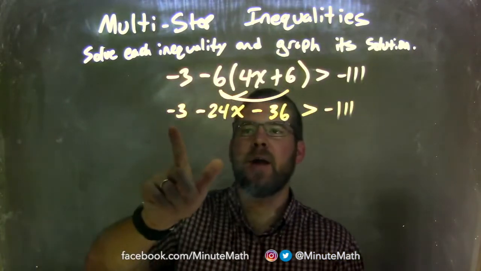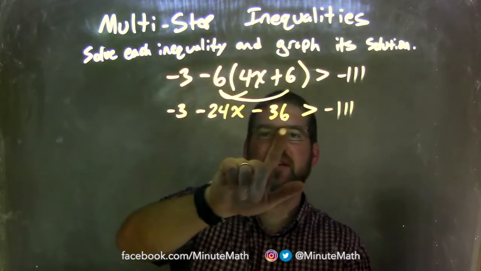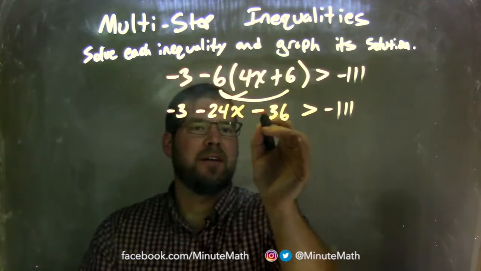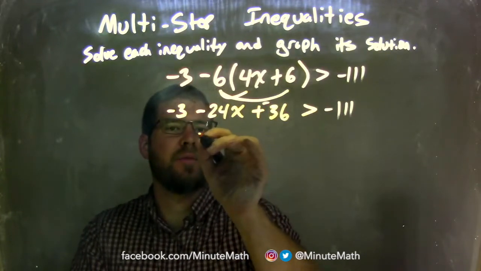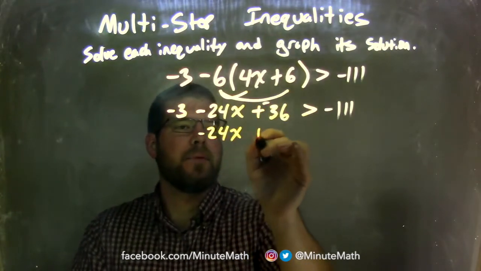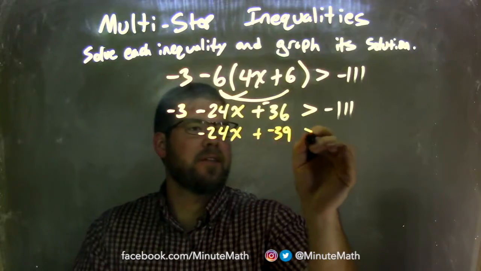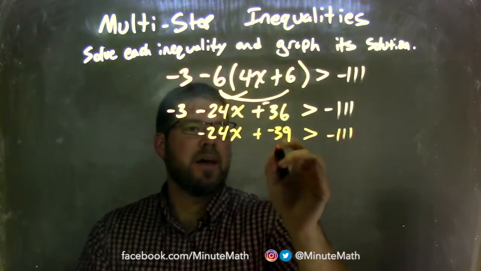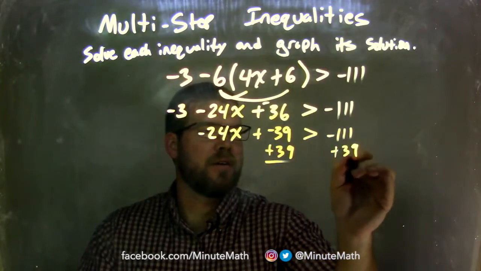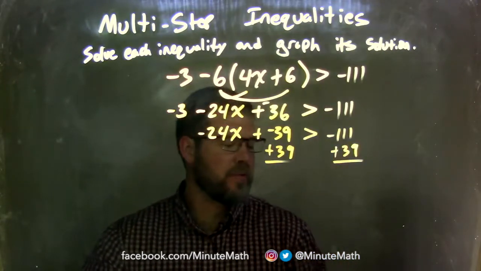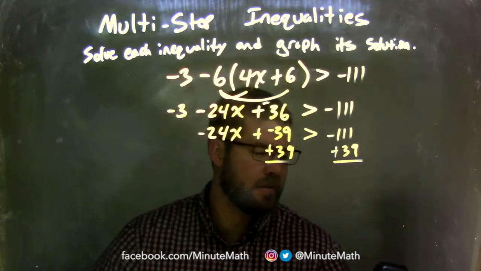Okay? Now I'm going to combine my like terms, the negative 3 plus a negative 36, right? Because that's like adding a negative, really. So negative 3 plus a negative 36 is a negative 39. So we have negative 24x plus a negative 39 is less than a negative 111. If I add a 39 to both sides, we can use our calculator really quickly because it's a big problem.